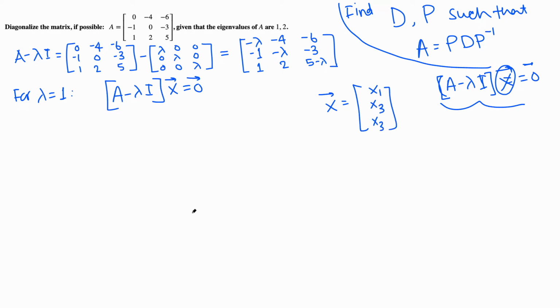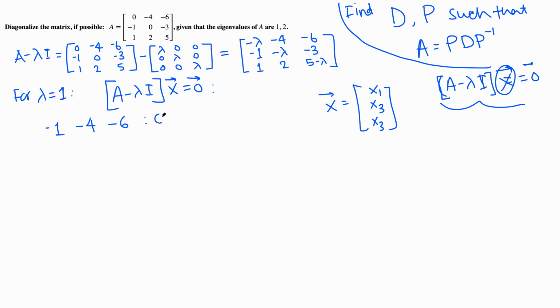Now we solve this, and I'm going to write just the augmented matrix. So A minus lambda I with lambda equals 1, so -1, -4, -6 equals 0.